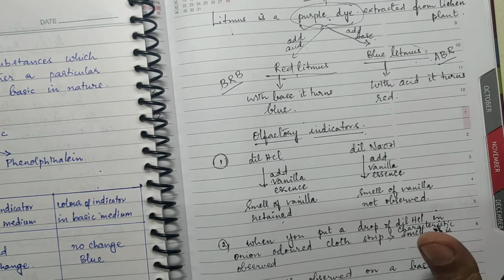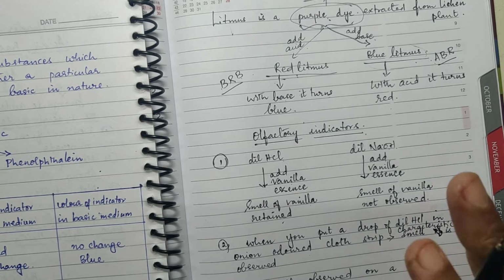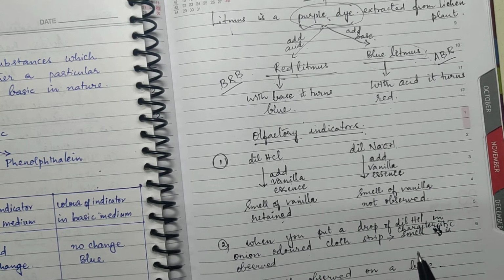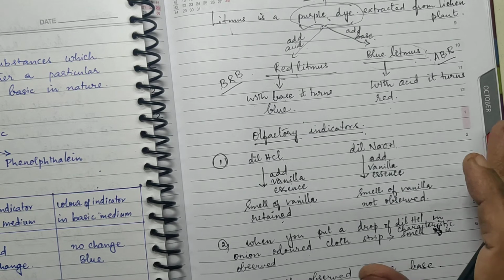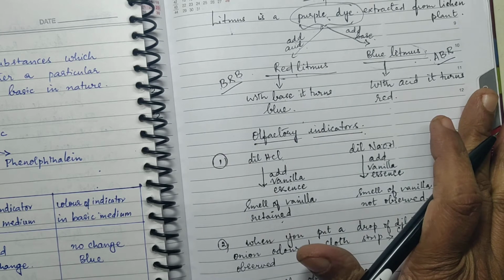Throughout the night you keep it. Now that cloth will have the smell of onion. You take that, wash it with water and then place the cloth on a table, say. Is that clear?